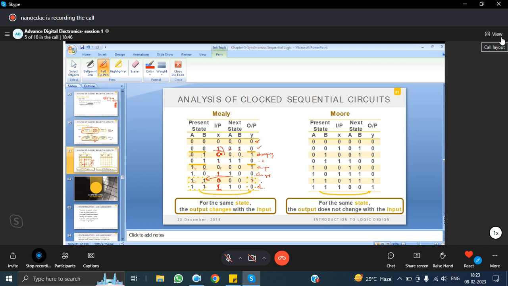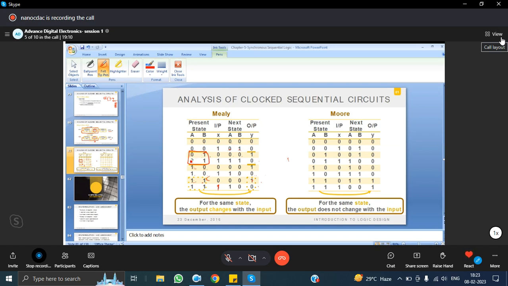Whenever the input values are changed, what is happening? The output values are changing. For the same state, you can see the output changes with the input. You can observe here 0 1, it is in the state 0 1.